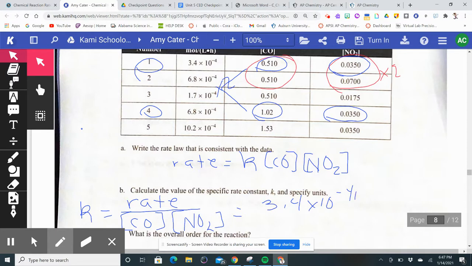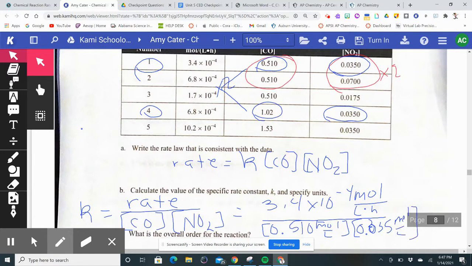And then we need to put here moles per liter hour. And then we're going to divide that by our concentrations, which would be 0.51 moles per liter times 0.035 moles per liter.